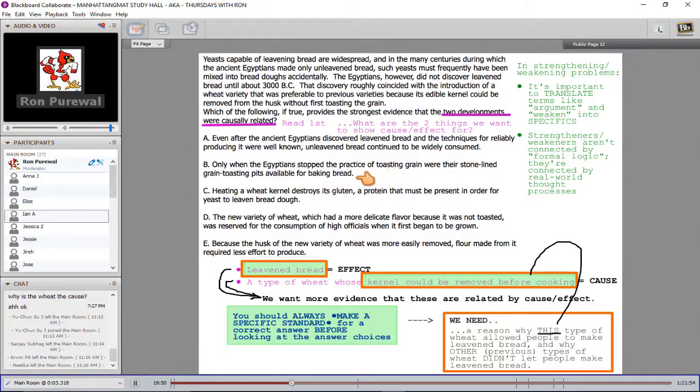And why, if you can't remove the kernel, then you can't make leavened bread. Okay. So A has nothing to do with that. B has nothing to do with that. If you look at C, yeah.